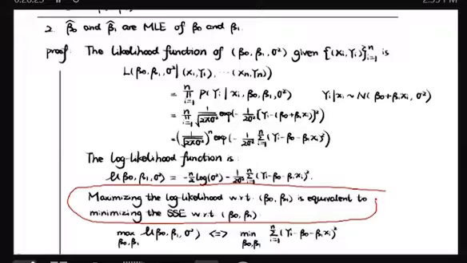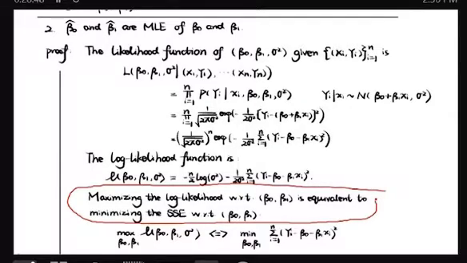Maximizing the log likelihood with respect to beta naught and beta 1 is equivalent to minimizing the sum of square error with respect to beta naught, beta 1. Does that make sense? Do you know when that is the same? I'm going to tell you. When the underlying distribution is normal, the two are actually going to be the same.